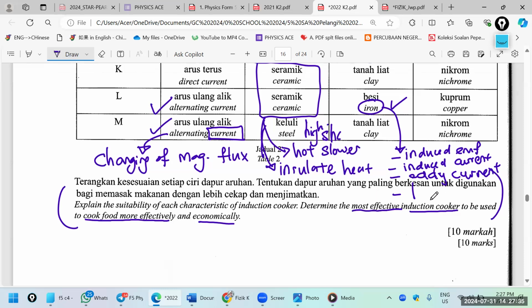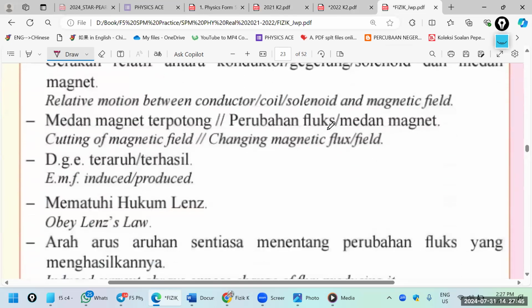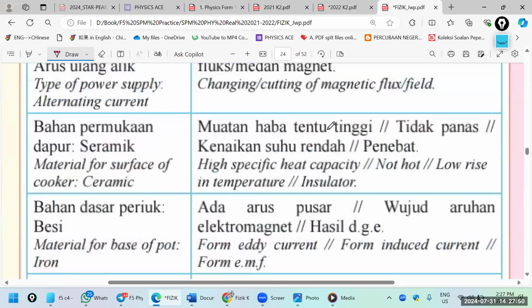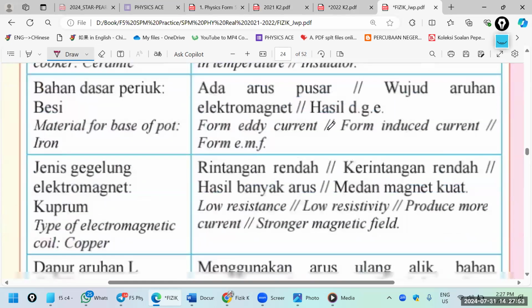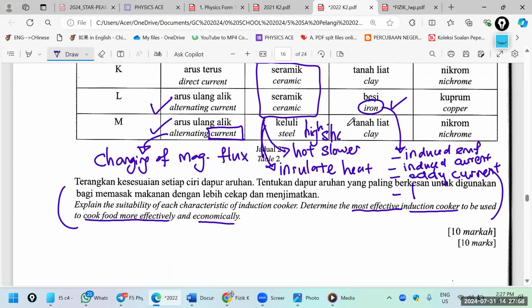Good heat conductor. Yeah, actually, yes, it's one of the reasons, but it's the minor reason. Actually, for induction, the most important thing is they cut and get induced EMF and make the pot hot.